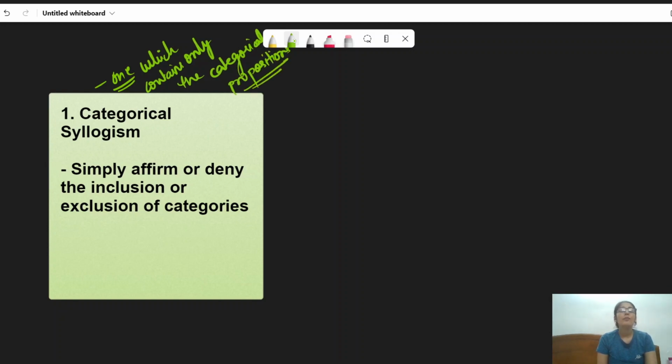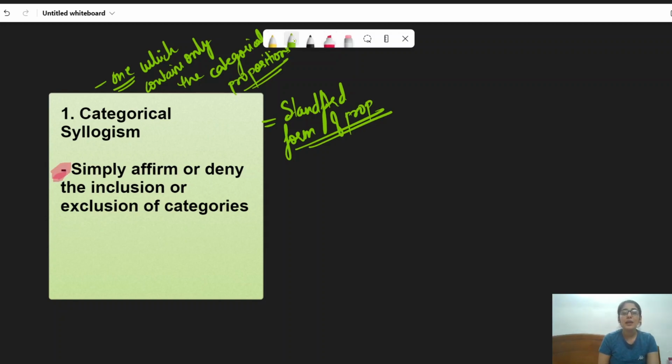These are the four important ones that we have already discussed, that is A, E, I, and O. So categorical propositions are nothing but the standard form of propositions. What is the purpose of these? The purpose of these is that they simply affirm or deny the inclusion or the exclusion of the categories. Is this clear? So, a categorical syllogism is one which contains only the categorical propositions.